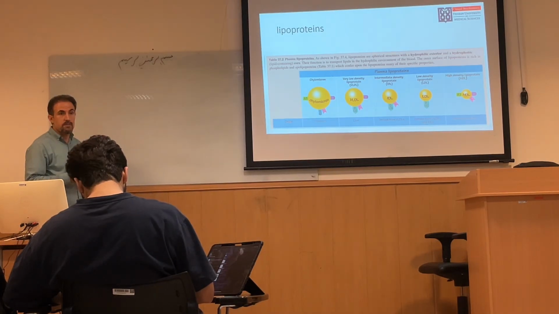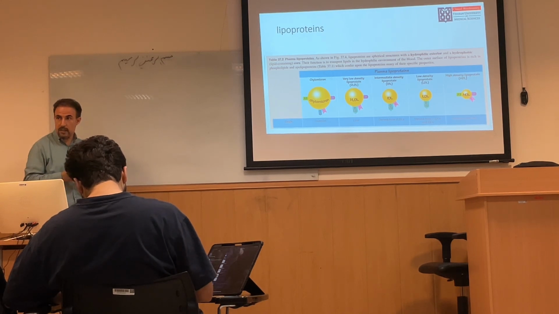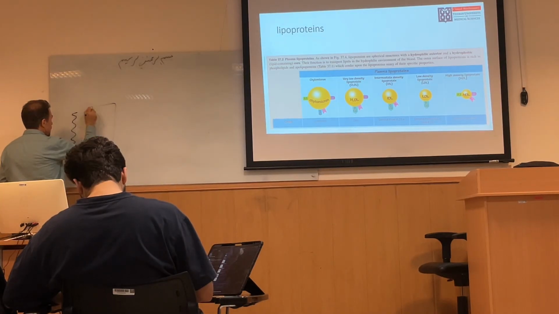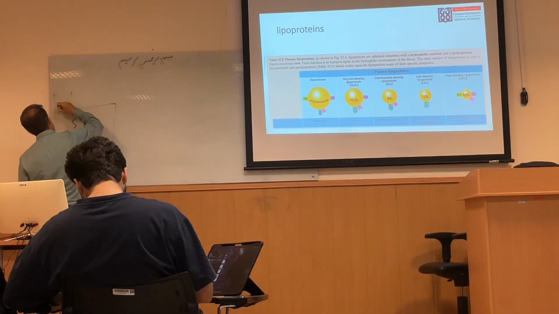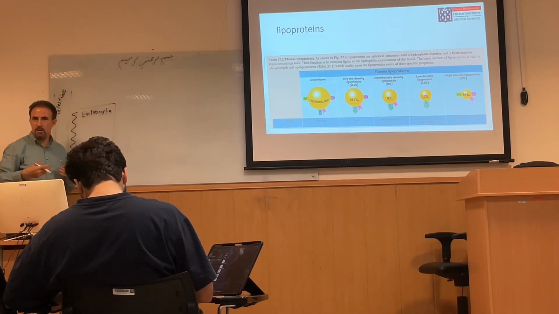When you consume lipids, what happens? Let's say these are enterocytes, I'm going to write enterocytes. This is our intestine. Why do we call them enterocytes? Because they are in our intestine. In enterocytes, we absorb lipids.